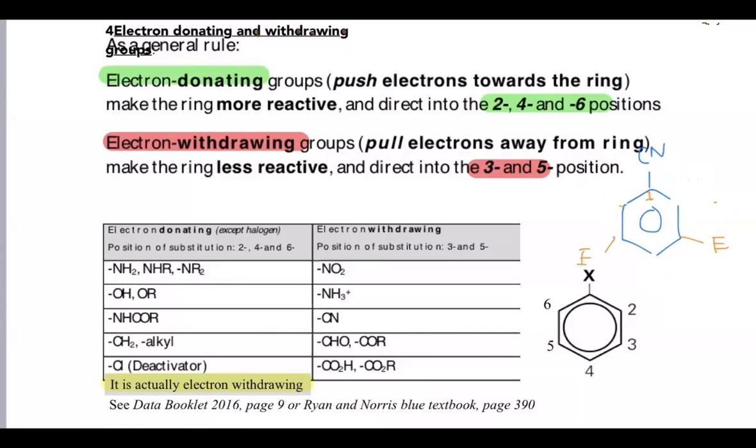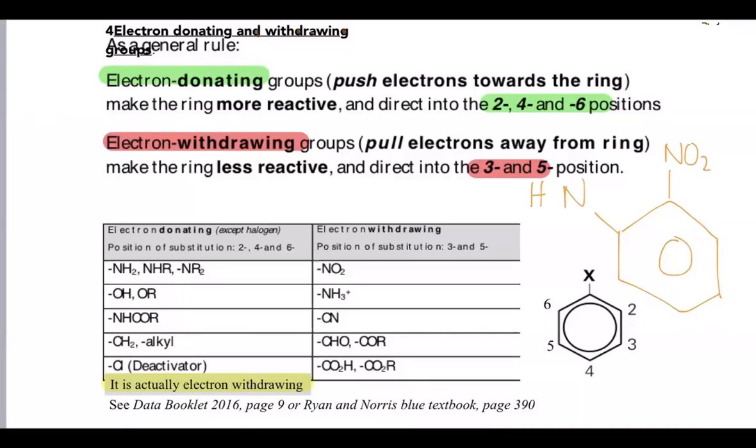One good question from the other block just now. What if you have 2 groups that have the opposite effect? One NO2 and the other one is NH2. NO2 activates 3 and 5, NH2 activates 2, 4, 6. So where does your electrophile sit?